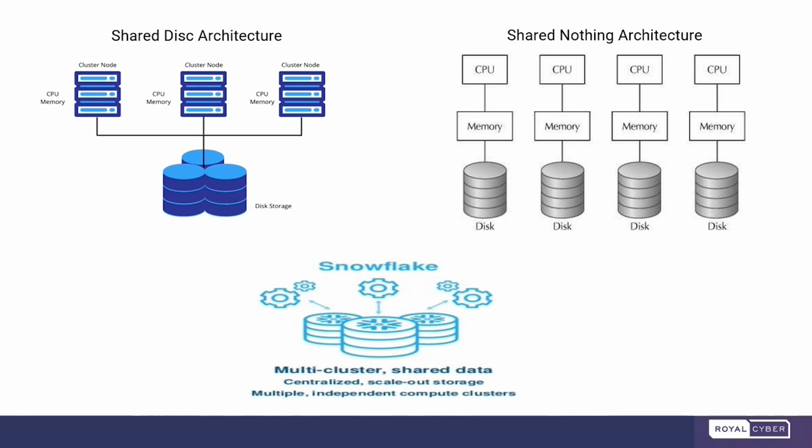In this architecture, for example, Teradata uses shared nothing architecture. In this kind of architecture, data is partitioned across a set of nodes, and each node has a separate disk or storage, so it does not share any disk. The plus point here is that it doesn't have a single point of failure.